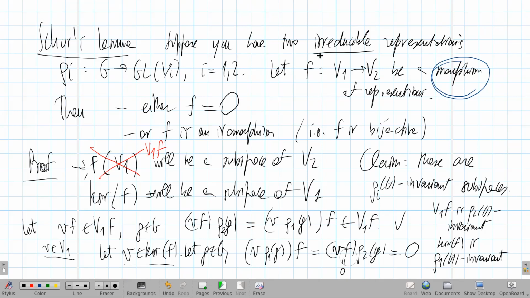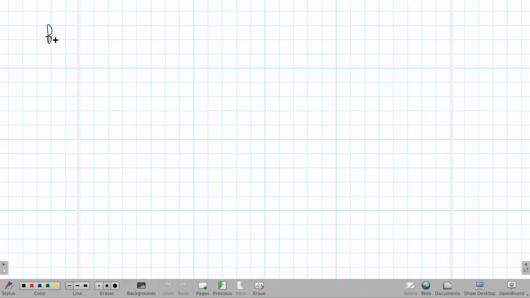Now, let's use the assumption about irreducibility. By assumption, V1, let's say rho 1, is irreducible. Also rho 2, but we'll see this in due time.